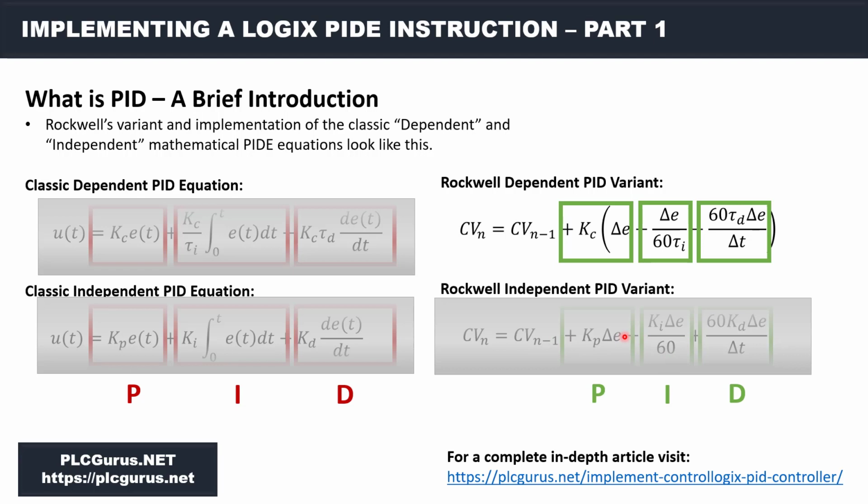But most of what I implement in the field is a dependent form equation, and there is actually a checkbox or radio button for us to select in the PID controller in the Logix software which implementation we're actually selecting here. Okay, so we're going to focus in on this equation for the remainder of the course here.